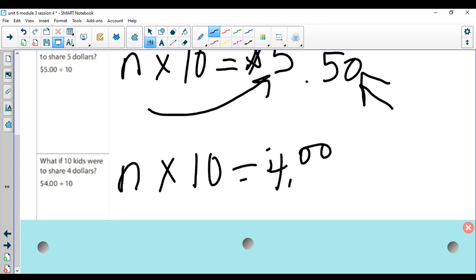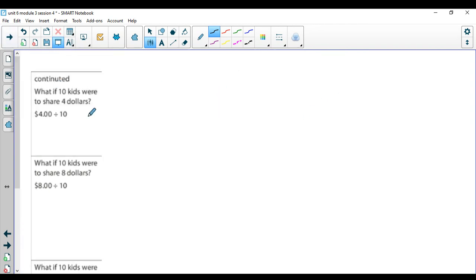So each person needs to give 10 cents less than this. So wouldn't 40 cents be a logical answer? But let's plug it in. 40 cents times 10 equals $4. If we were to take 40 cents 10 times, you would in fact get $4. You can use a ratio table to get there. You can use anything you want, any strategy. But isn't it nice just to build off of what you can already do?